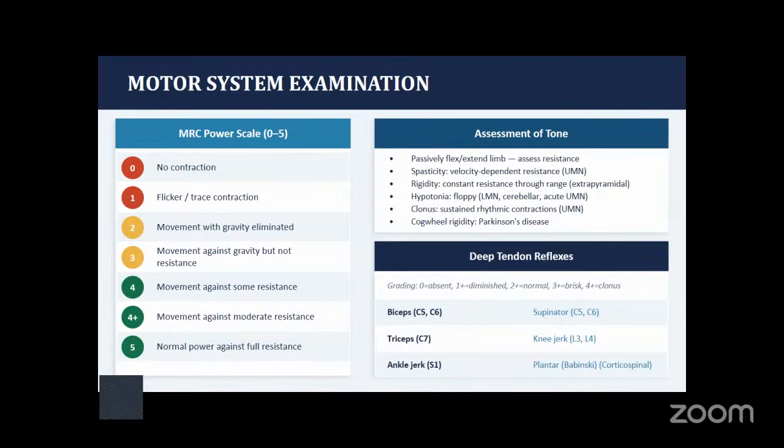For clonus, that is done at the leg where you try and dorsiflex the heel suddenly and try to see if there is any tremors or basically extension and flexion of the ankle joint following that event. Then we'll do reflexes, mostly the biceps tendon, triceps, ankle jerk, but you can also do the brachioradialis and patellar tendon reflex.